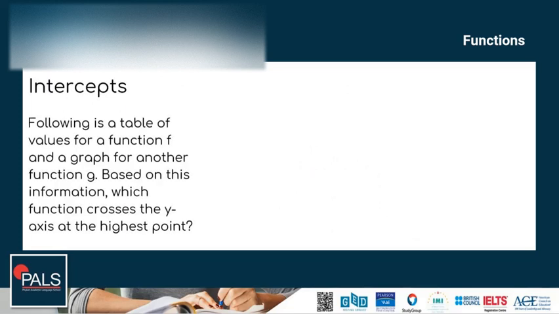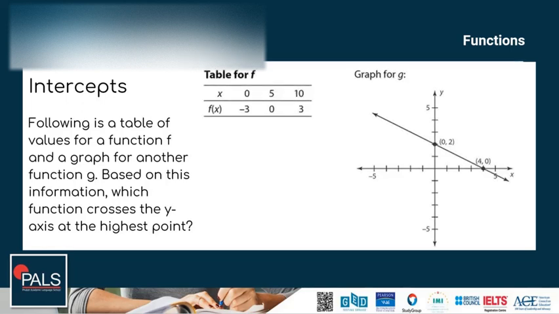Another one. Following is a table of values for a function f and a graph for another function g. Based on this information, which function crosses the y-axis at the highest point? So it means we will be comparing the table for f and the graph for g. When we say y-axis, it means the value of x is 0.